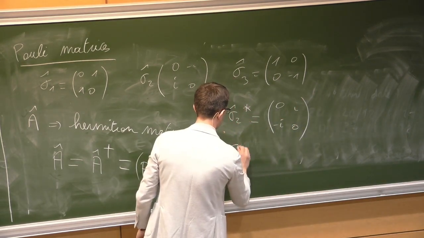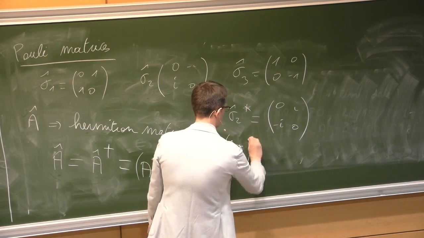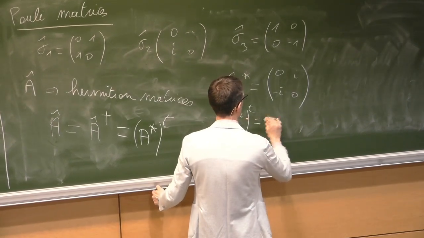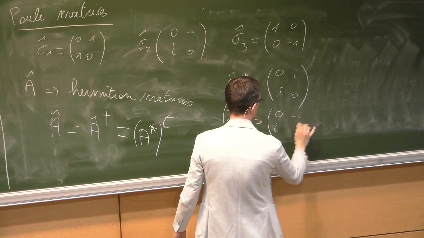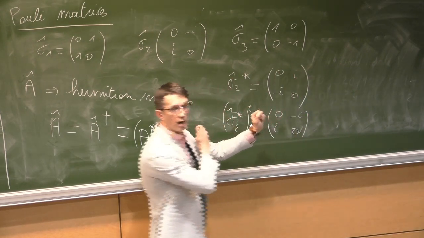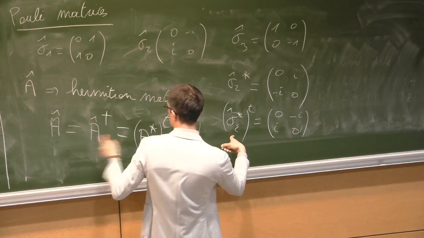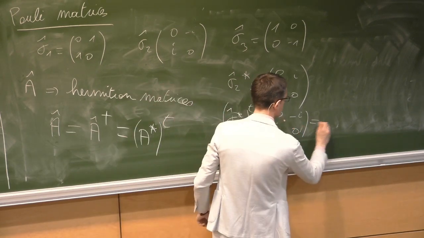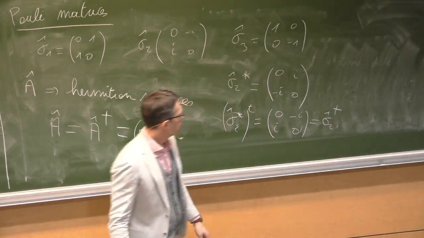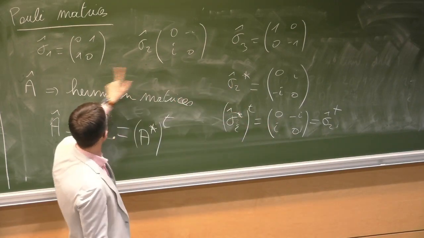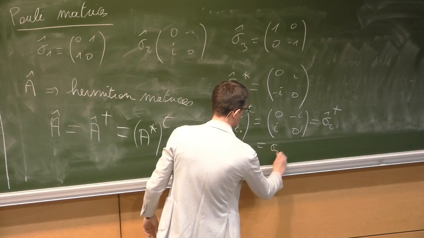If I do the transpose, I have now 0, i, minus i, 0. Just switch i and minus i. And so this, by definition, is the dagger. So that would be the sigma dagger. And that is precisely what I started with, which is the sigma 2. So this and that is sigma 2.